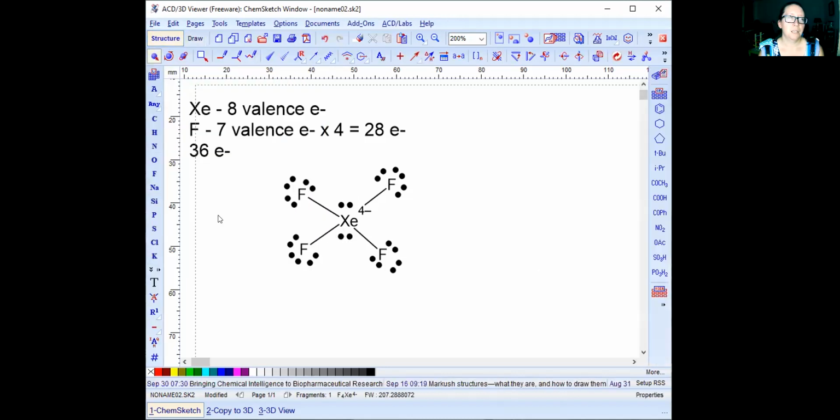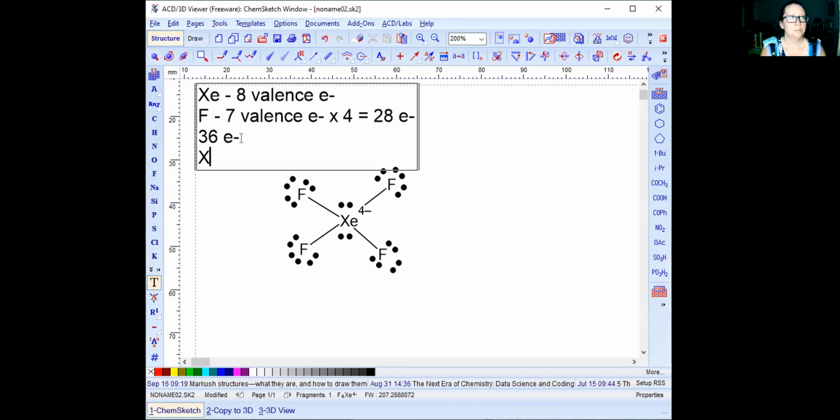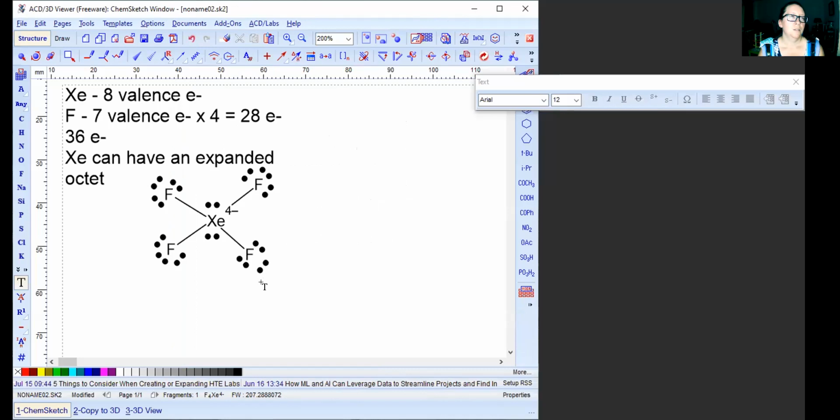Xenon is in row 3 or below, so it is allowed to have an expanded octet. So this is fine. Fluorine is not in row 3 or below, so we can't put the extra electrons on the fluorine.